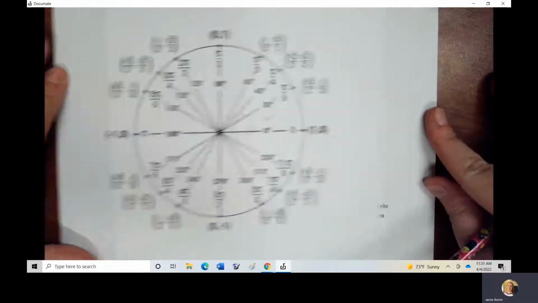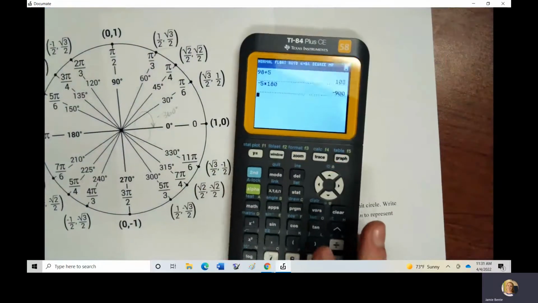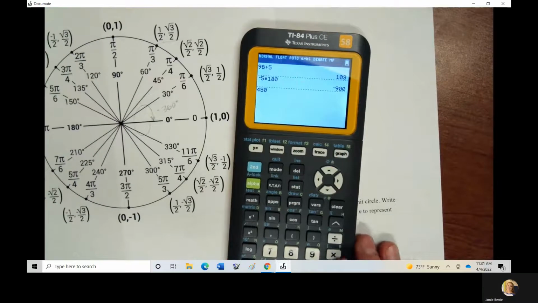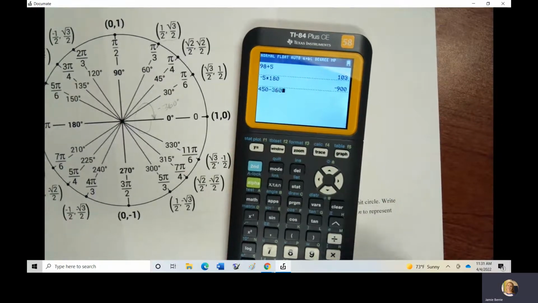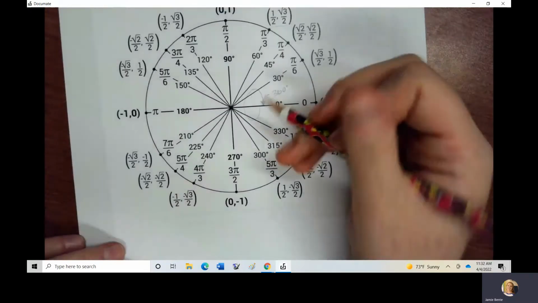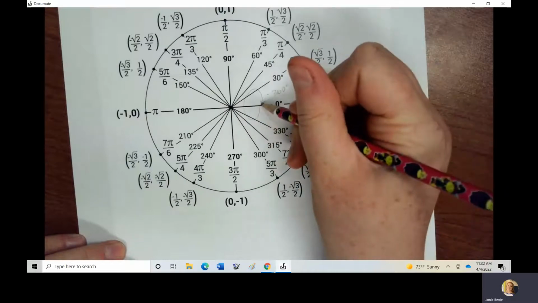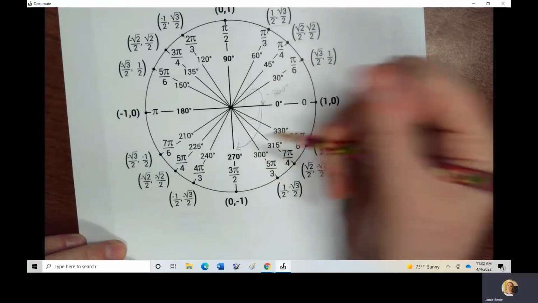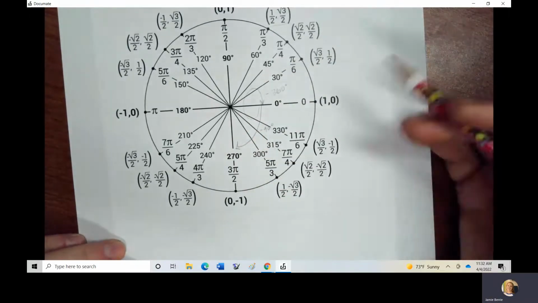How much further do we need to go? We were trying to go around negative 450. We went around 360, so we have 90 degrees more that we need to travel. Another 90 degrees would be 1/4 of the unit circle, so we would go right here. That's another negative 90 degrees.